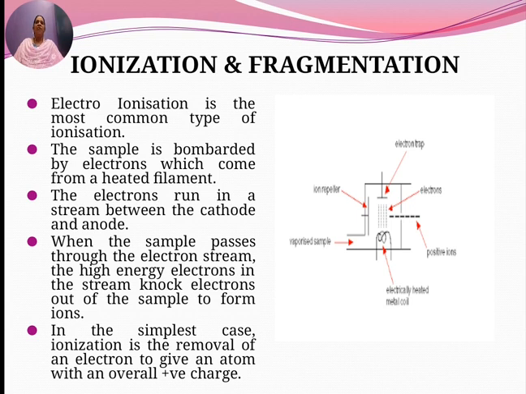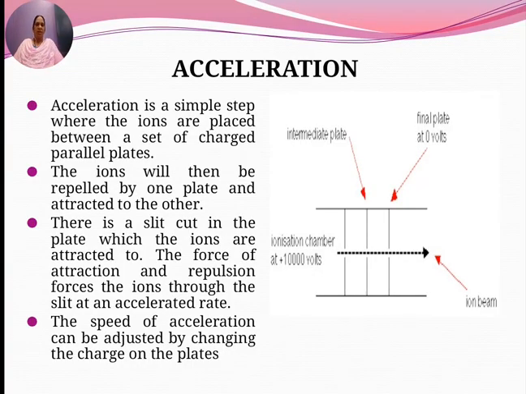Then, as I told you earlier, after the ions are formed, they must move to the next stage. How can they be moved to the next stage? By acceleration. Acceleration is a simple step where the ions are placed between a set of charged parallel plates.